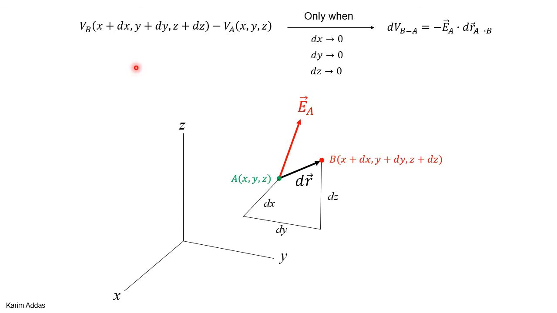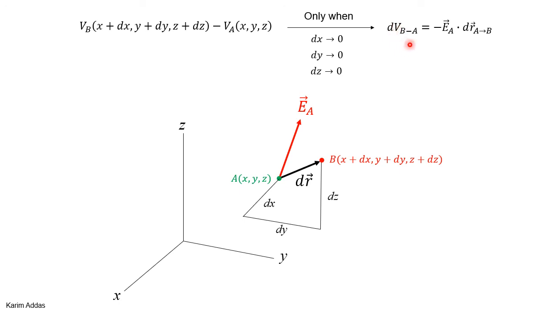So we found now what we were after, the difference in potential between 2 points, the potential at B minus the potential at A, which we write as dV B minus A. B minus A indicates that we're getting the potential at B minus the potential at A. It's minus EA dotted into the infinitesimal vector pointing from A to B. Of course, you can write this in a different way by multiplying both sides by -1, and then in that case you're getting VA minus VB.